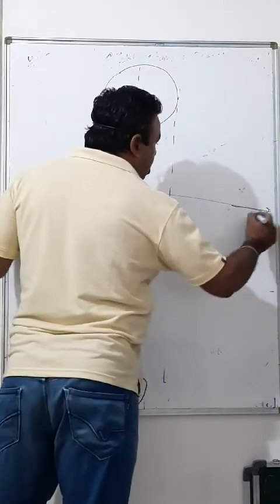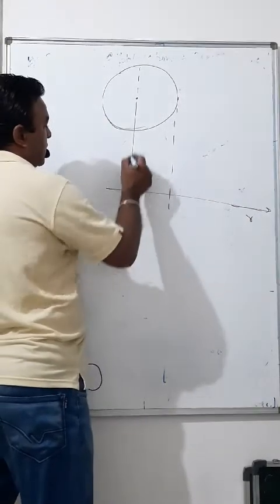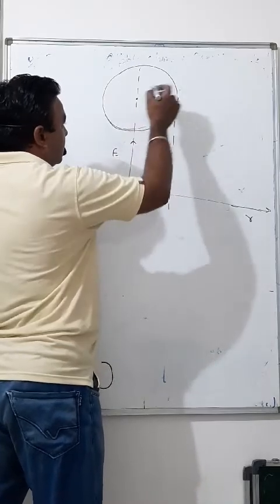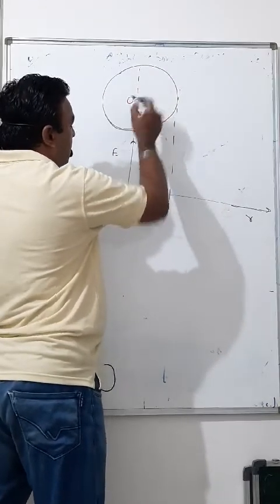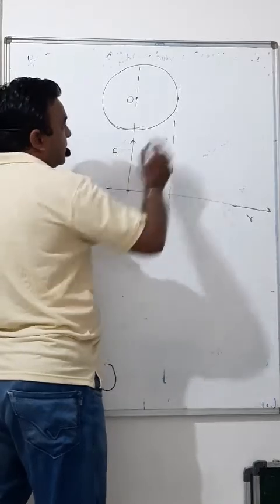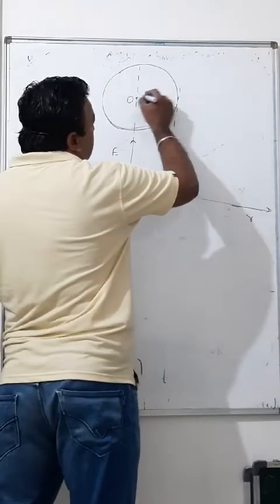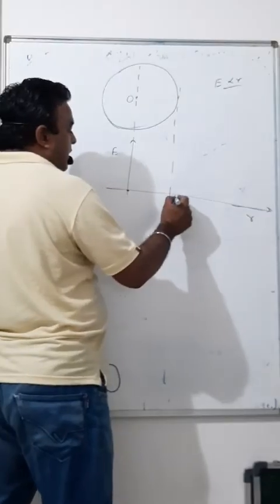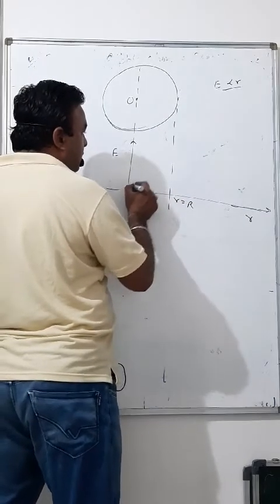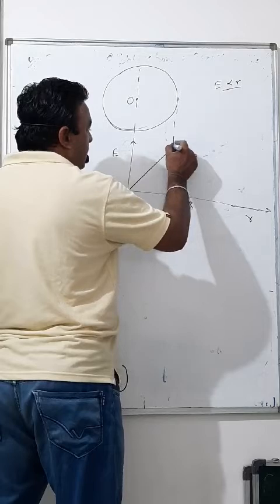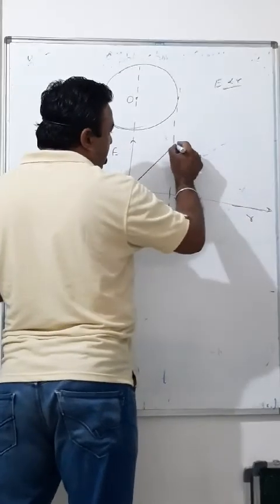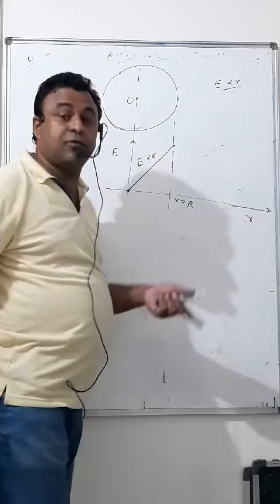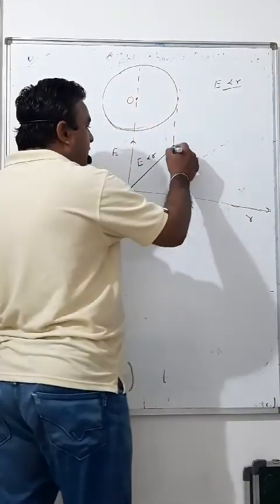This is R, and this is E. This is symmetric here, just so that you can easily understand. At this point, electric field is 0. From inside, E was proportional to r. At the point where r equals R, it goes on a straight line. After that, outside, it is proportional to 1 by r square.